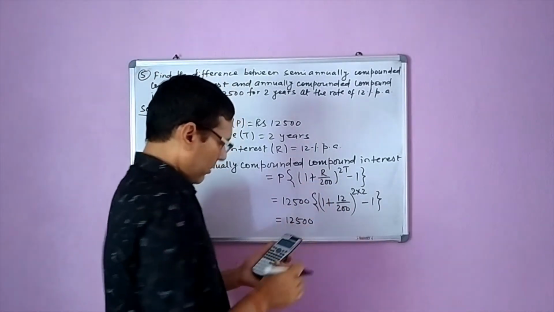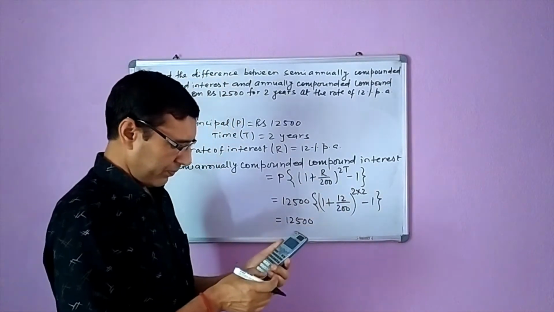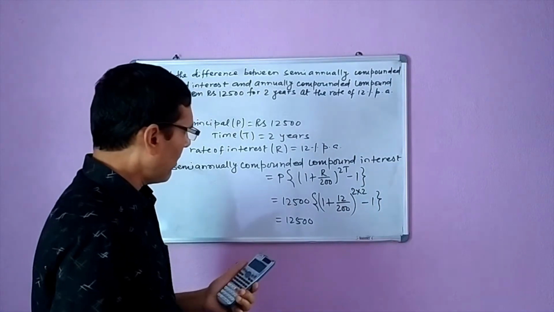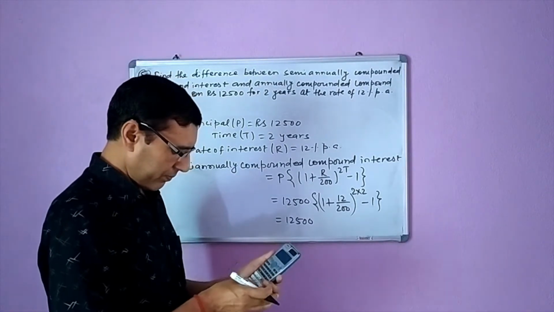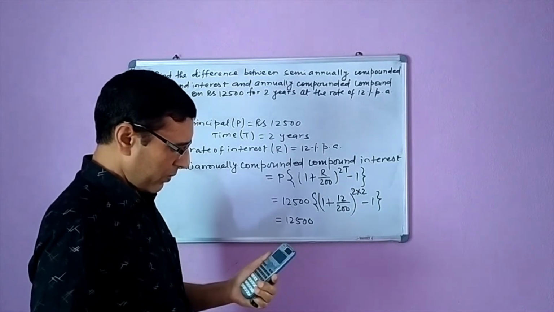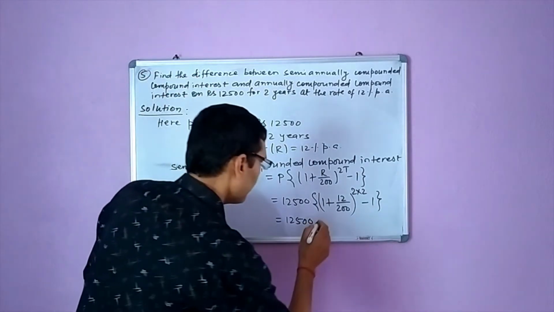First 12 divided by 200 and plus 1, we get 1.06.